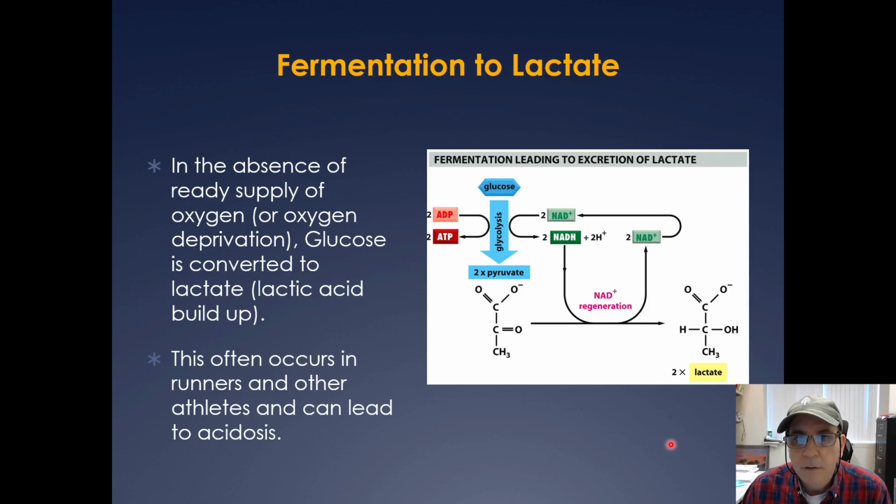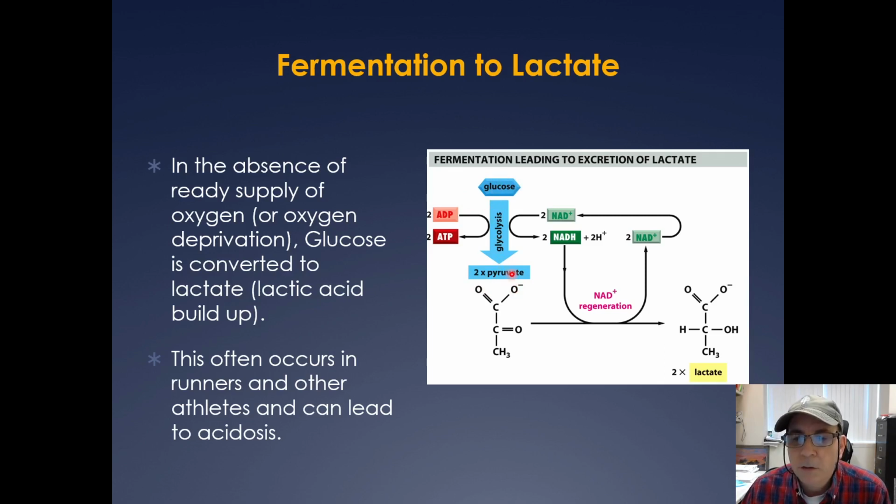Now, in the absence of oxygen, glycolysis goes through a different path. If you don't have a ready supply of oxygen, glucose actually gets converted to lactate. So here you have glucose, and through the whole glycolysis process, you're left with 2 pyruvates.